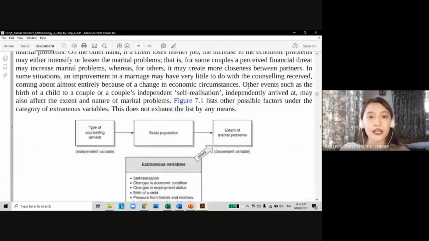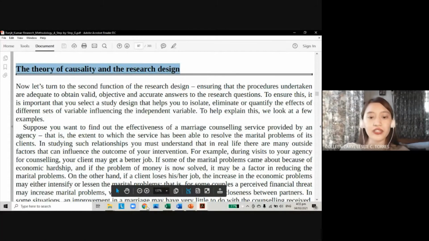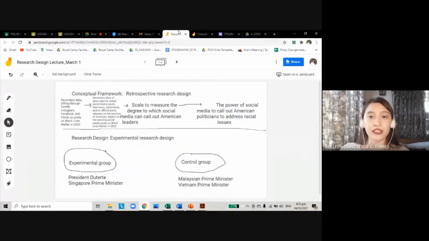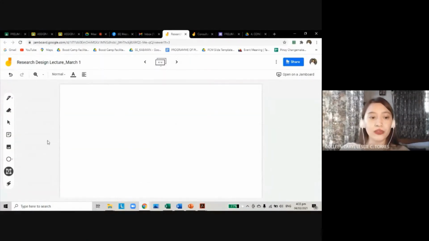Okay, here. So starting in the section on the theory of causality and the research design. Basically in this section, we are trying to say that there is a cause and effect relationship, class. Now let's use another Jamboard. So in a research design, we have the cause of something or the cause of a phenomenon, and then what is the effect of that phenomenon.